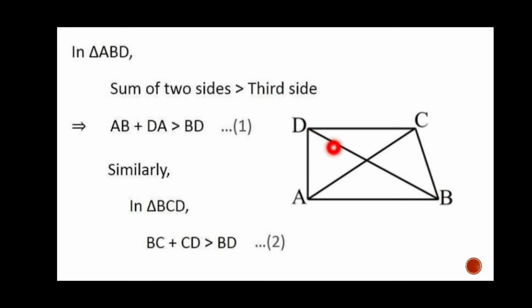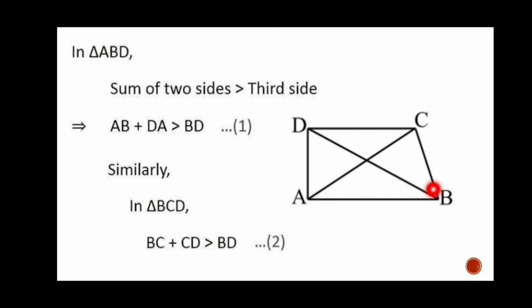So first triangle we are going to take is ABD, in which BD is the diagonal, right? So in this triangle ABD, AB plus DA, both these sides will be greater than the third side BD. So this is equation 1.